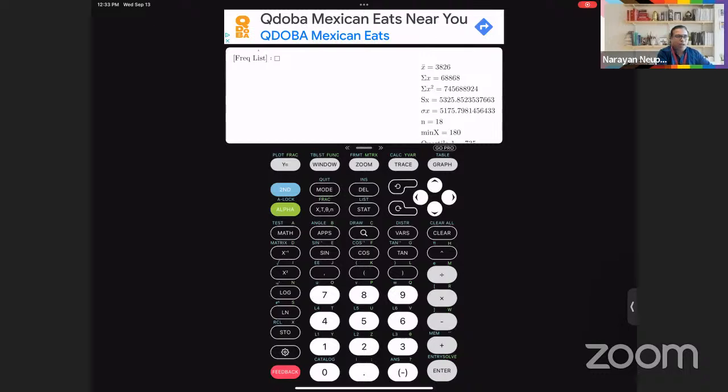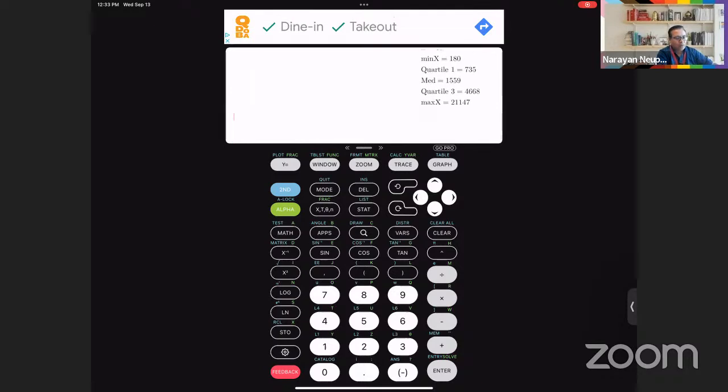Do you see minimum there? But there is a downward arrow by the side of that, where I'm pointing right now. Press that a little bit, and you'll pop up all these values.